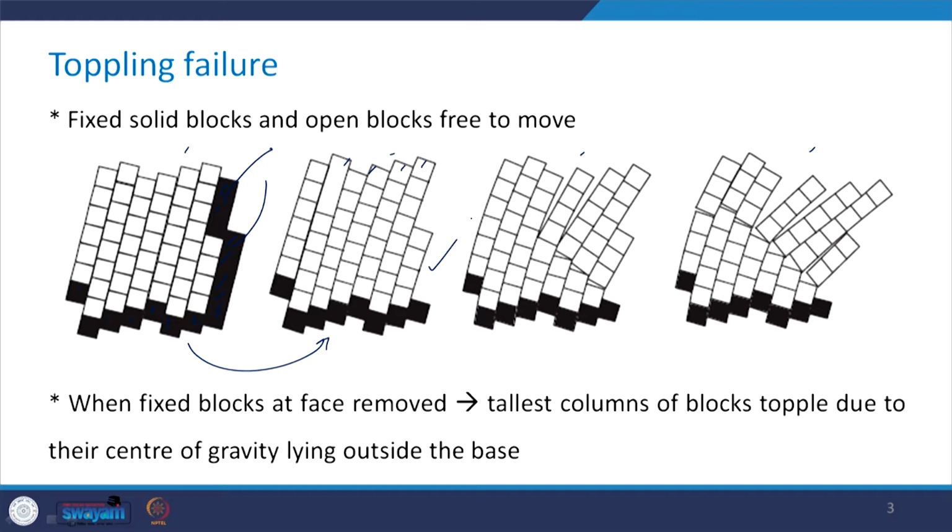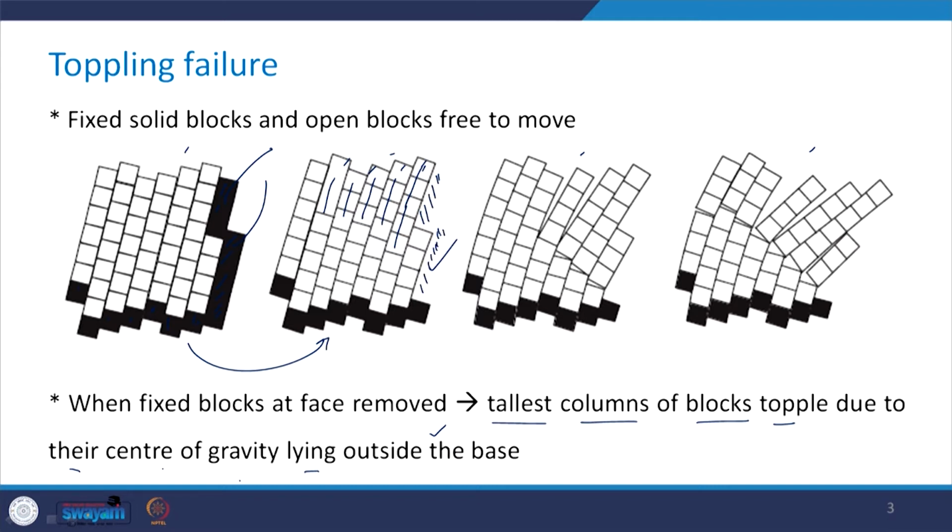You see that the tallest columns of the blocks topple due to their center of gravity lying outside the base. You can see that the slide bending has started taking place the moment you remove the fixed blocks from this face.